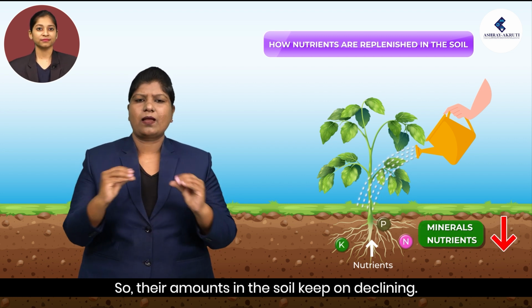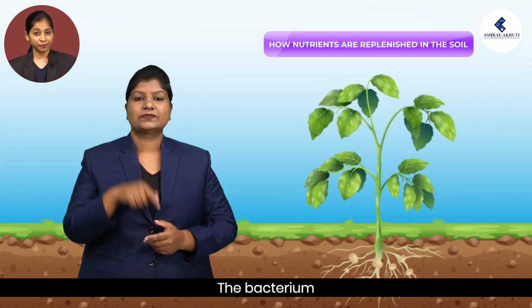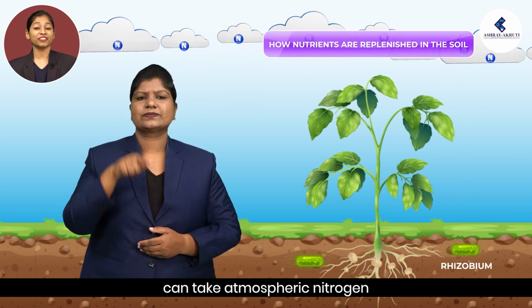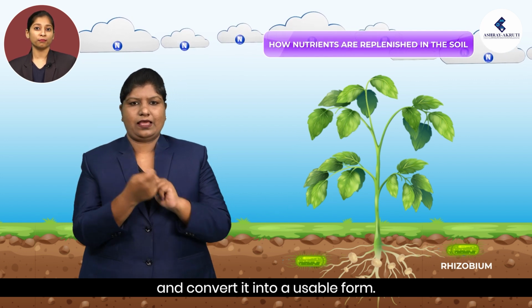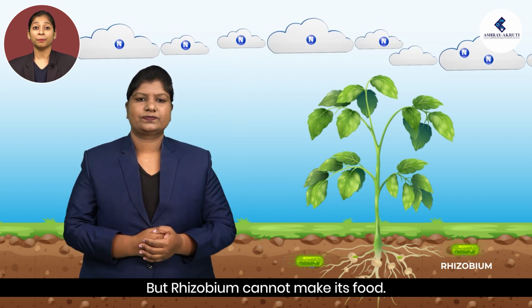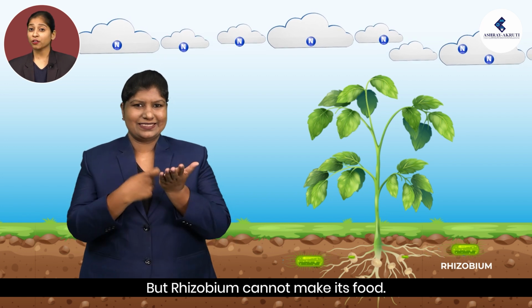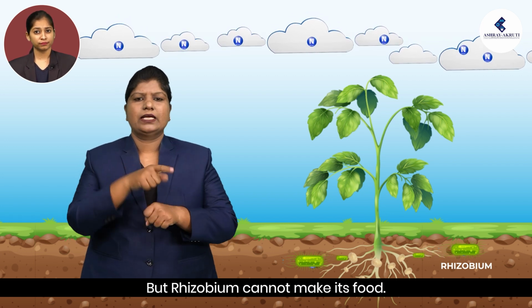The bacterium called rhizobium can take atmospheric nitrogen and convert it into a usable form. But rhizobium cannot make its food.